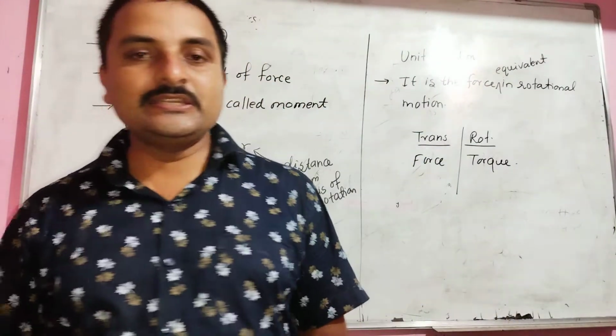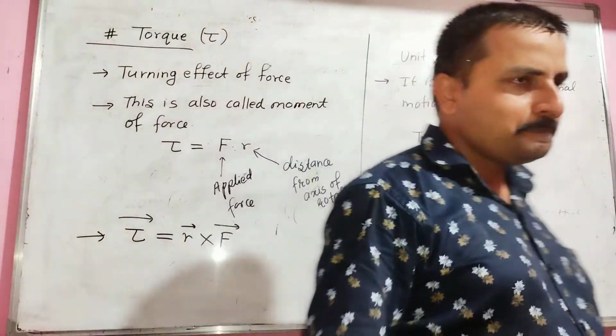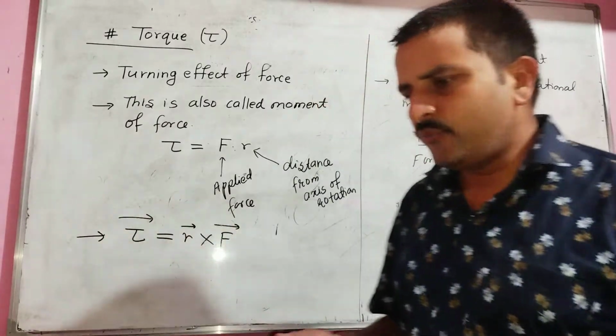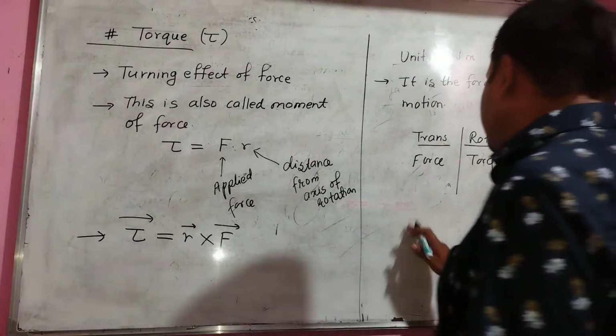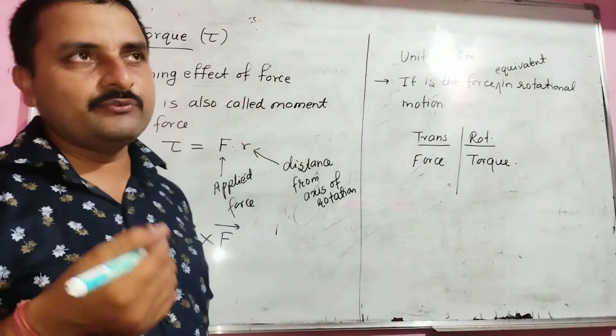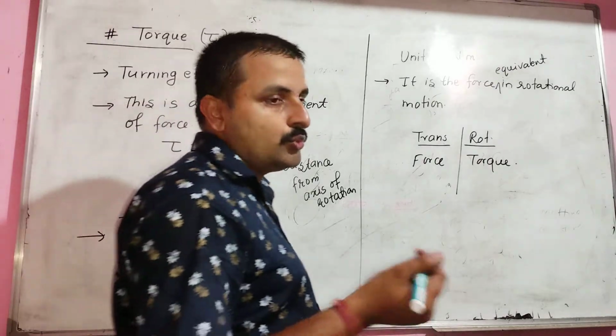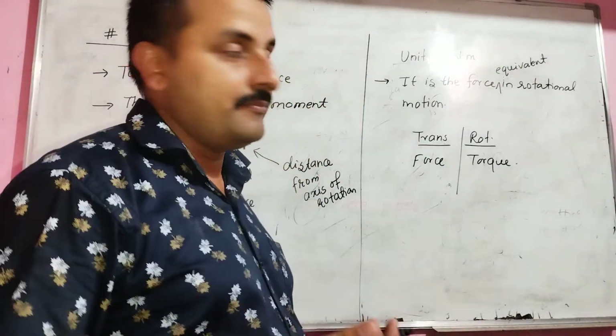I have already stated that there are many examples. For example, there is one question: why does the wrench that we use to open a screw have a longer arm?